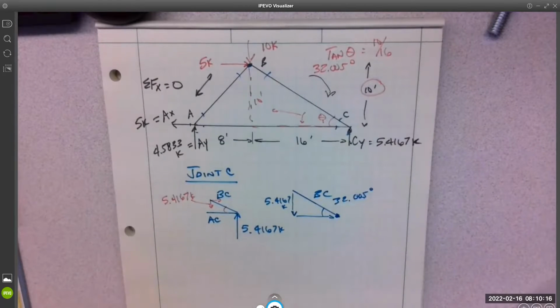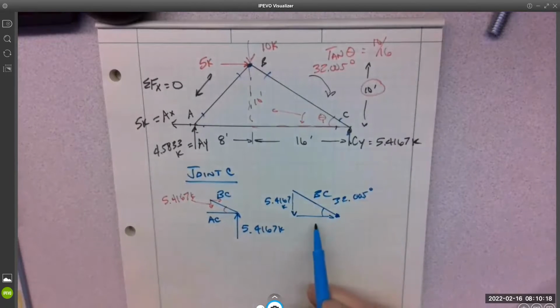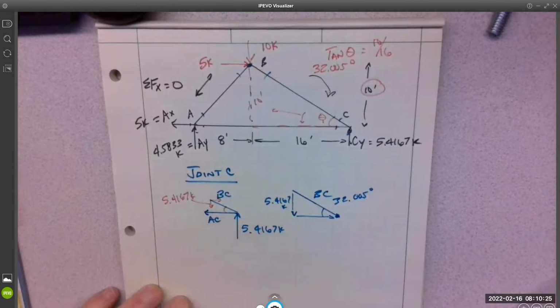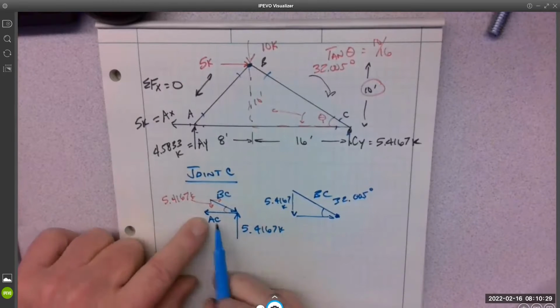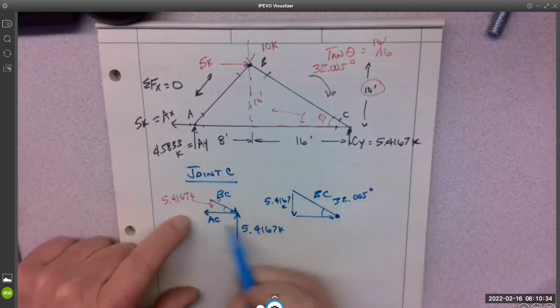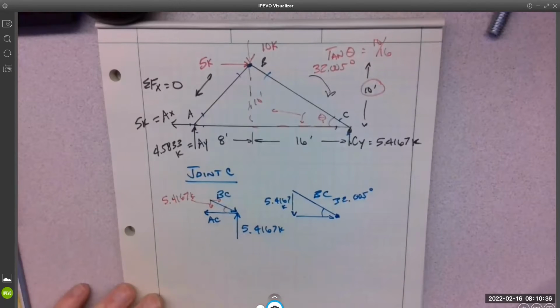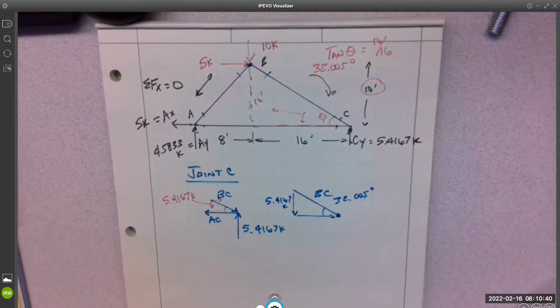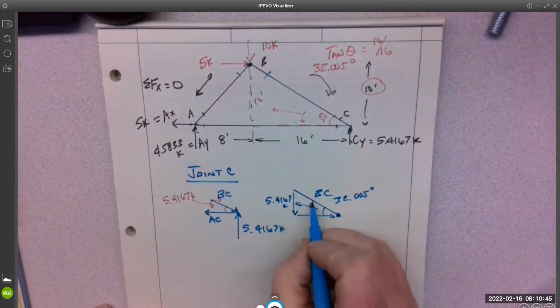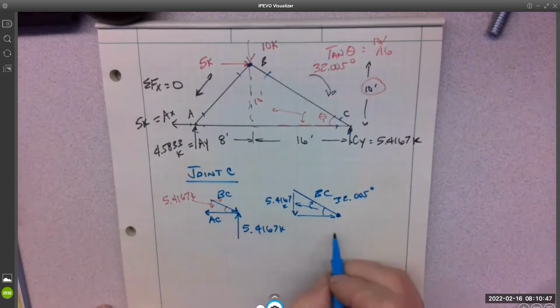So I want to know BC, but actually the X is going to be handy too, because those are the only two, right? Yeah. So AC must go to the left. BC must come down. And I know AC must be equal to that one. So solving this out solves this, essentially. As long as you see those equal and opposite forces. All right, so let's go for BC first. That's going to be opposite and hypotenuse, so that is sine.